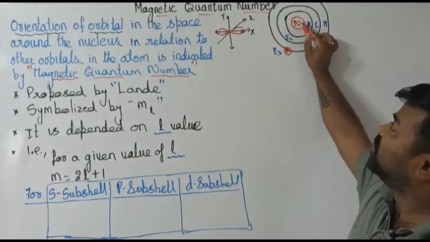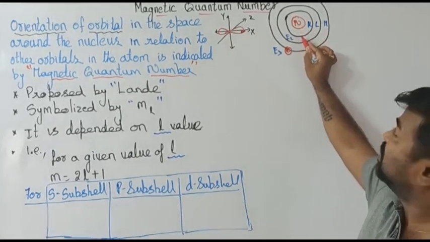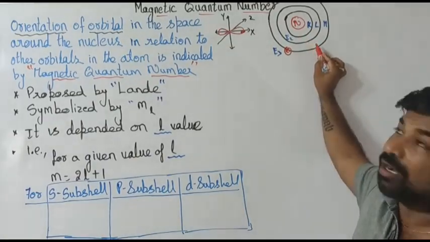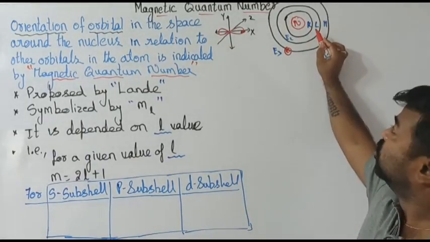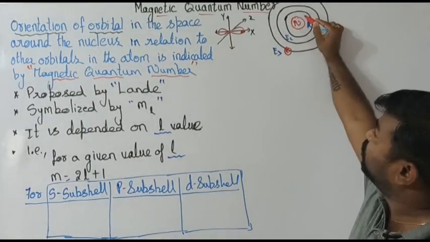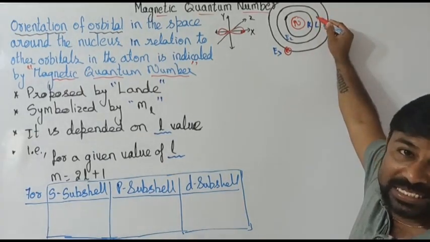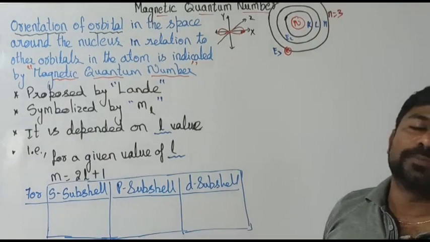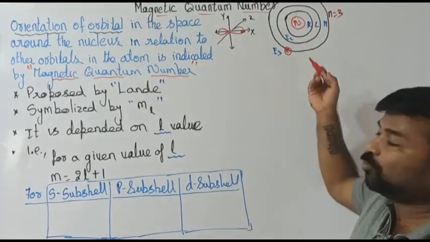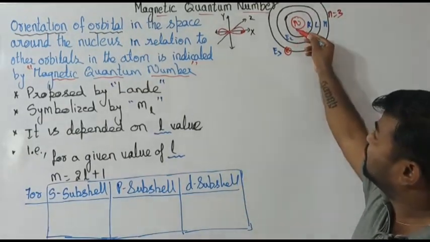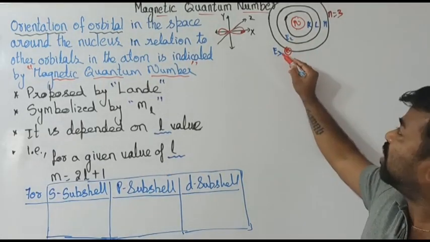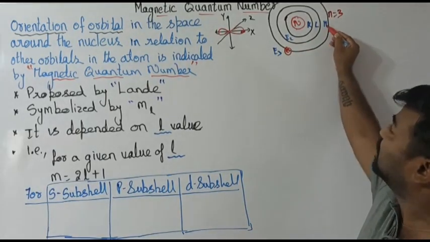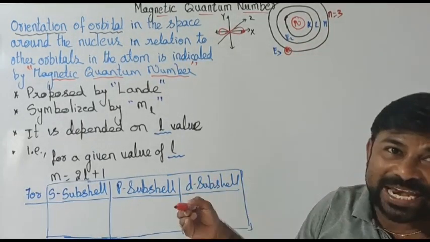Suppose we are considering a nucleus, and I am taking three orbits here: K, L, M. For K, n is equal to 1; for L, n is equal to 2; and for M, n is equal to 3. The orbit which is away from the nucleus, the third orbit M, has more energy.